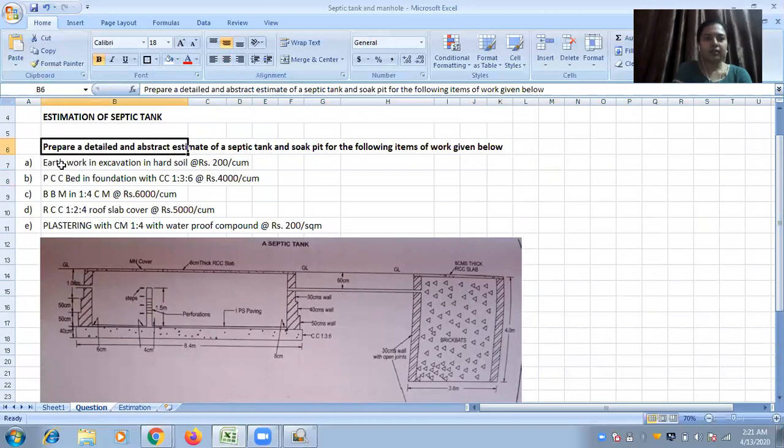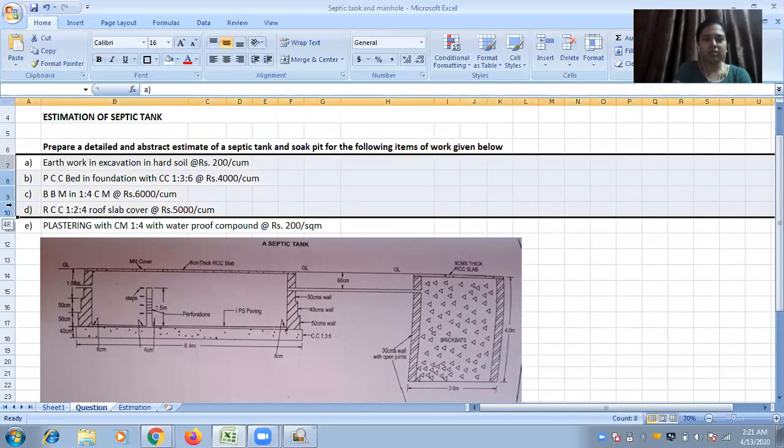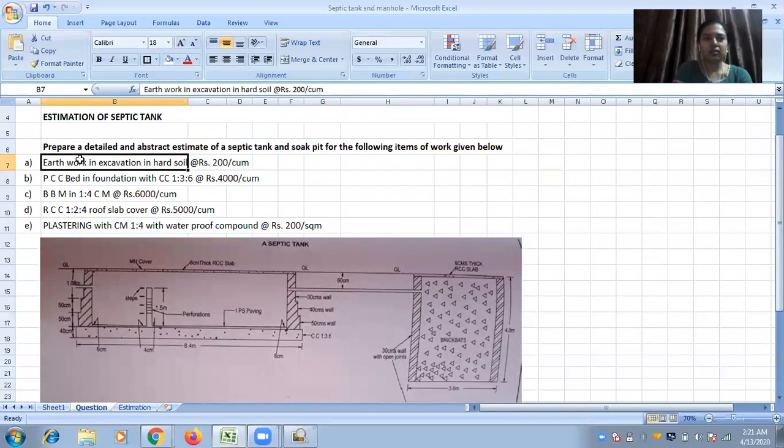Here they wanted the earthwork calculation, PCC bed, burnt brick masonry, RCC work and plastering work. First thing you have to observe is in the question they will give which work we have to do, along with the rate per unit.